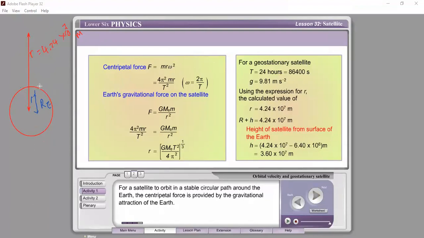So this height of the satellite will be around 3.6 times 10 to the power 7 meters. This will be the value from the surface of the Earth to the satellite. Okay. Next.